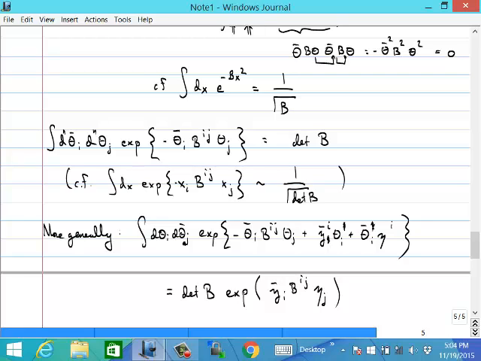And this follows simply by completing the square and using the fact that your integration measure is invariant under shifts of the integration variable, which was really the fundamental property that we used when we defined this Grassmann integral.